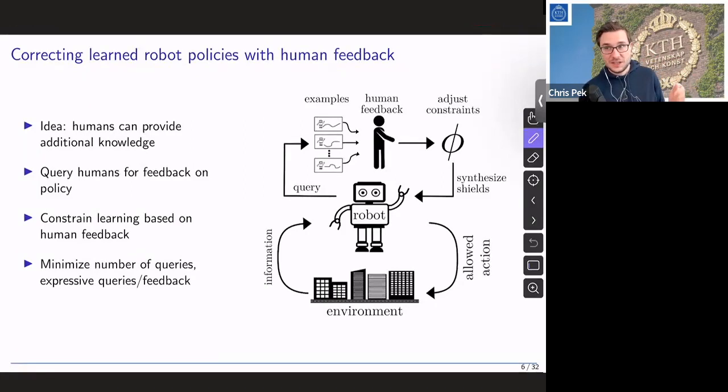Imagine you have a very complex reinforcement learning system with 10 million episodes. We don't want to query a human 10 million times. We want to have expressive queries so that we can give a human enough information that the human can give meaningful feedback. And we want the feedback to be expressive enough so that we can turn it into constraints for the robot, in this case, shields.